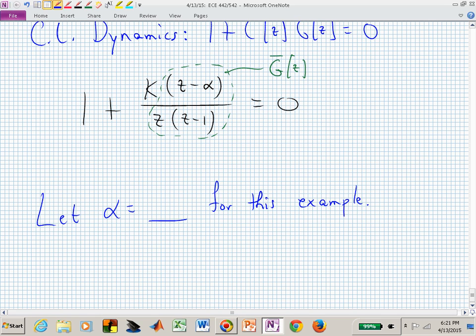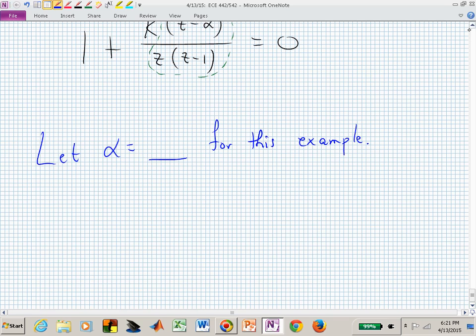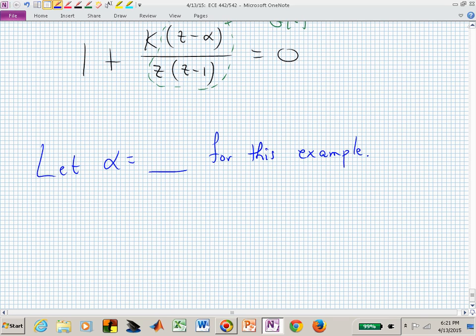And based on what you know for the root locus, would that help you decide what you might do for that choice of alpha? Here's the root locus. We have a pole here and a pole there.